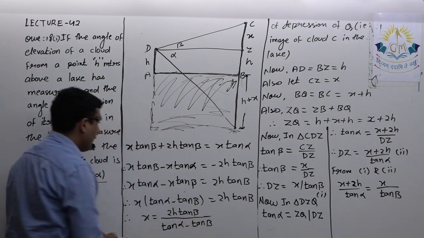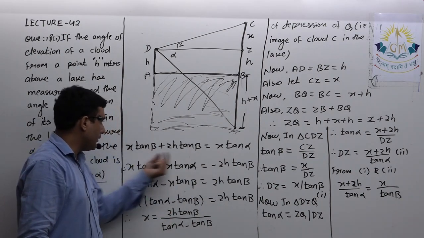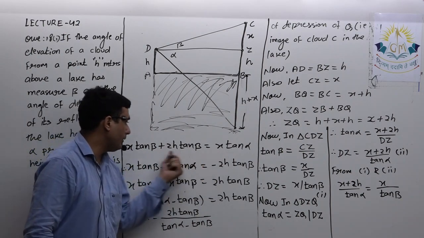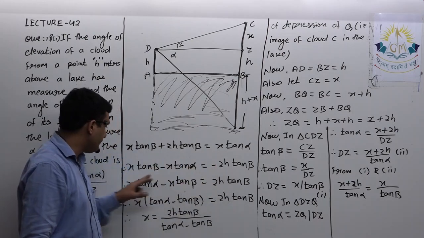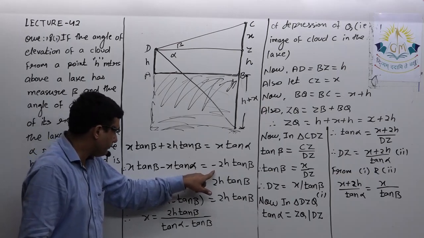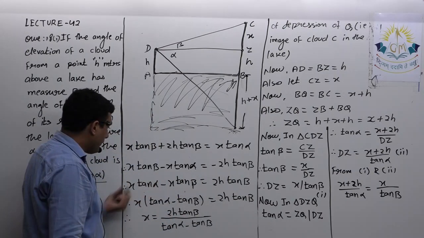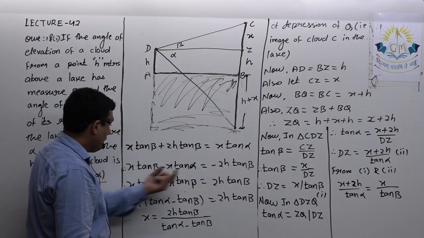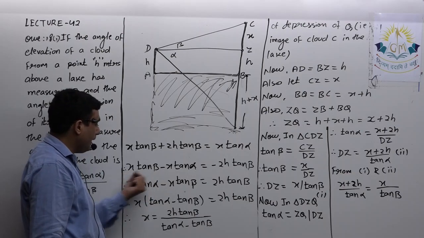What I did? Simply I tried to get the value of X. I took X and alpha over here, and this over here, so this will become negative. This will go over, then this will become negative. Now to make it positive, I took X common. So to make it positive, I wrote X tan alpha over here and X tan beta over here.